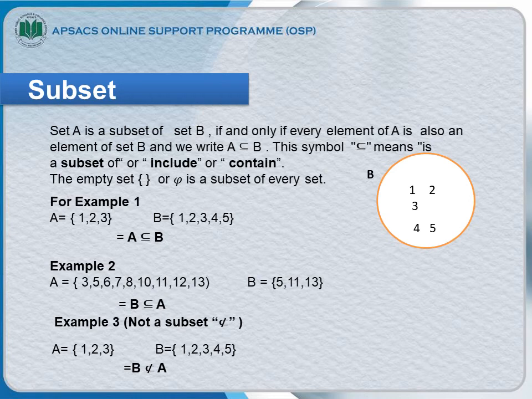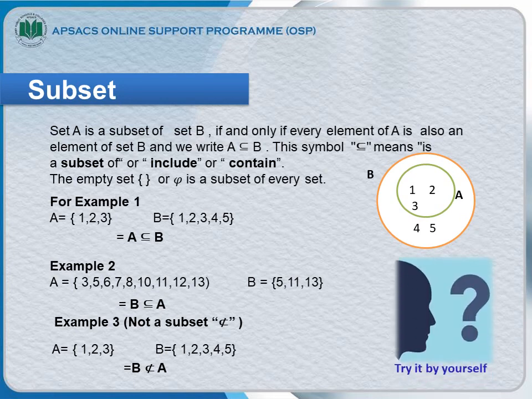Now here 1, 2 and 3 are the elements of set A, shown by a small circle A within the circle. So A is a subset of B. Clear? Now example 2, Venn diagram. Try it by yourself.